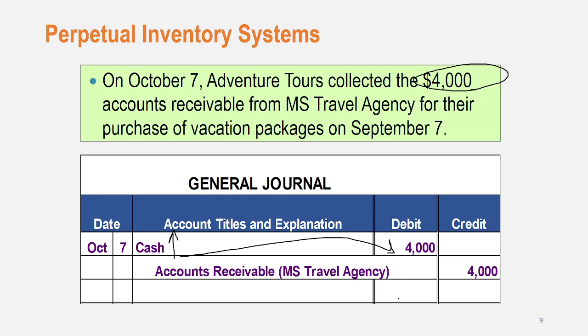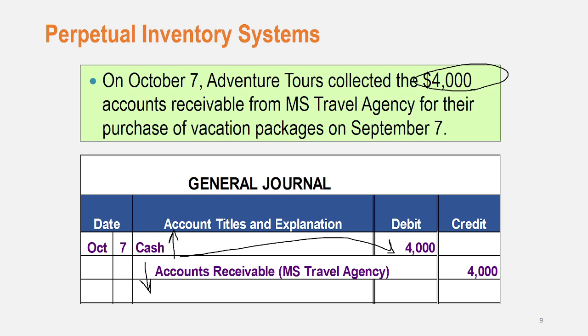This account becomes credited because we are decreasing the total amount of accounts receivable. So generally we should debit cash by 4,000 and credit accounts receivable by the same amount because we use a double entry accounting system.